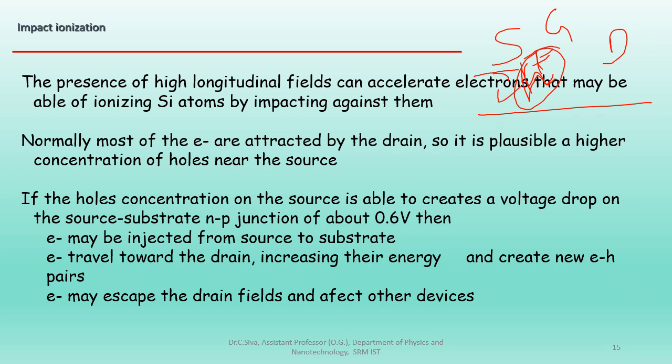We studied the forward bias condition, so we know very well what it is. Holes keep accumulating very close to the source region, which creates the forward bias. This leads to reliability issues and local heating effect.